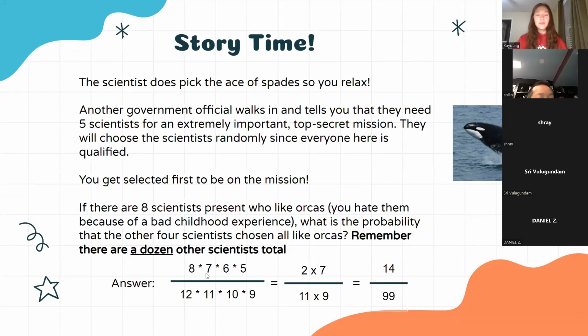So now you go 7 over 11, then 6 over 10, 5 over 9, subtracting 1 from the top and bottom each time. And now you multiply everything, because the first person likes orcas, and the second person likes orcas, and the third likes orcas, and the fourth. So you have to multiply. I'm going kind of fast because I want to get to the fun activity.